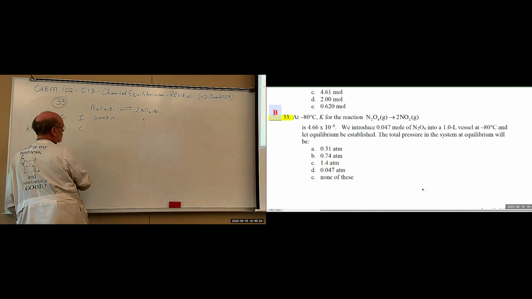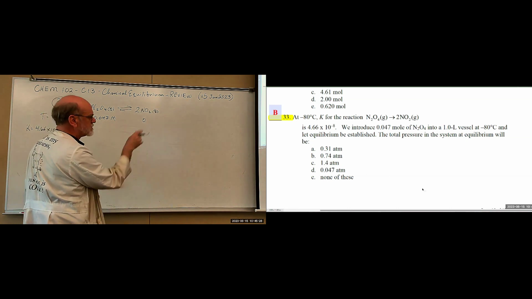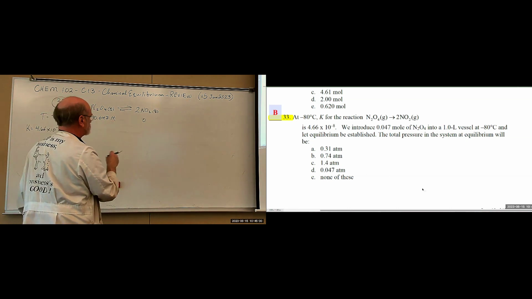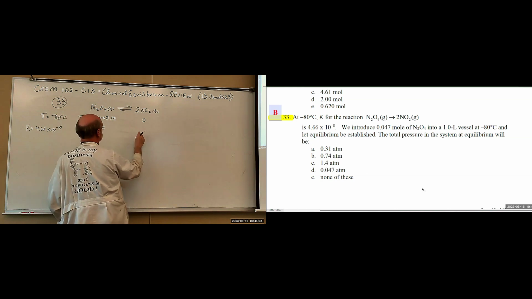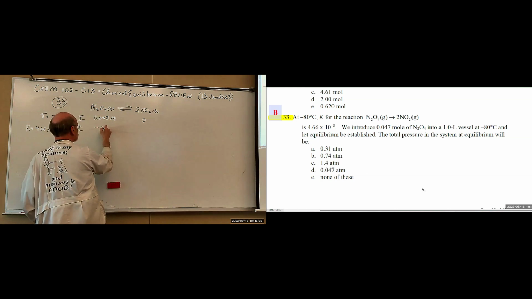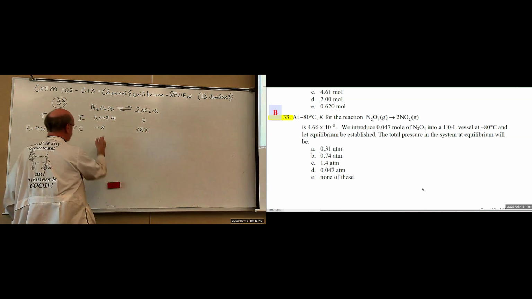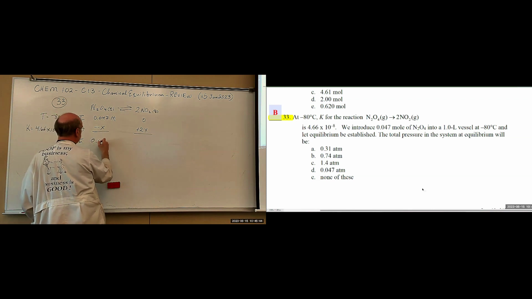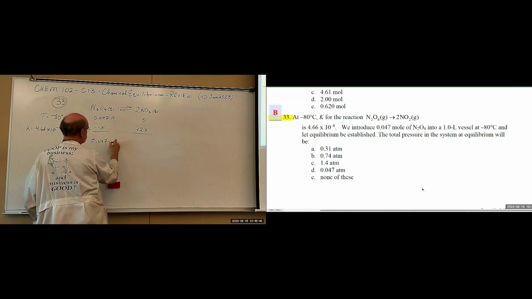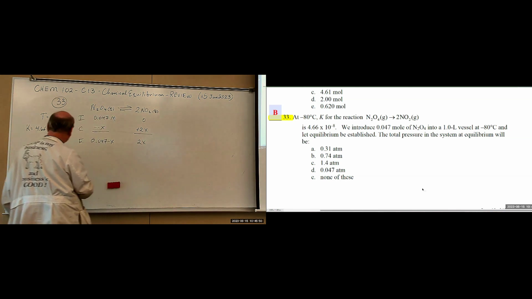So the change, we're not given anything else. Okay. So the change, we're going to lose some of this and gain some of that. So if we lose this much, we're going to gain that much. All right. So at equilibrium, we got 0.047 minus X, and then we have 2X here.